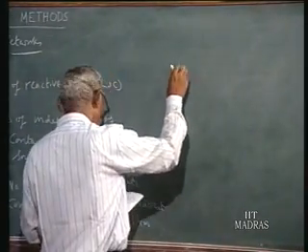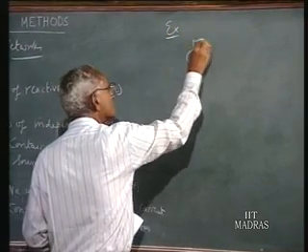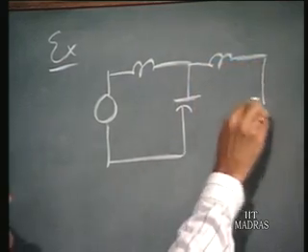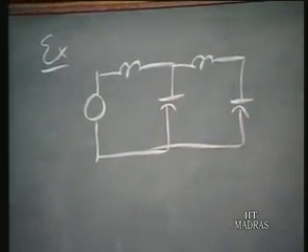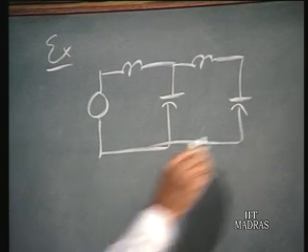Suppose I have a network like this. You have 2 capacitors and 2 inductors, therefore n happens to be 4.